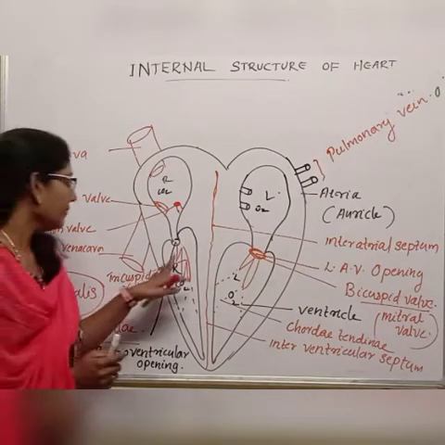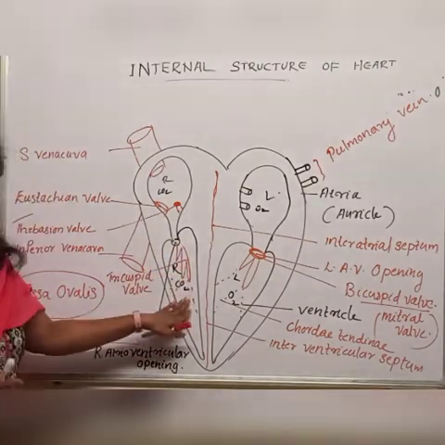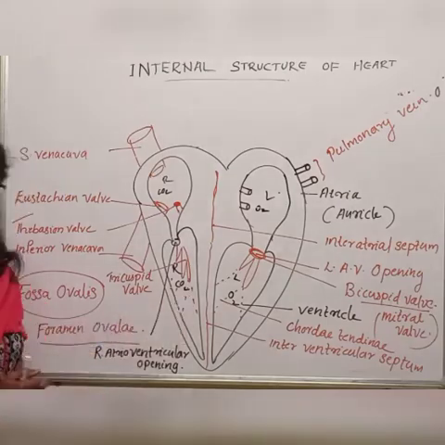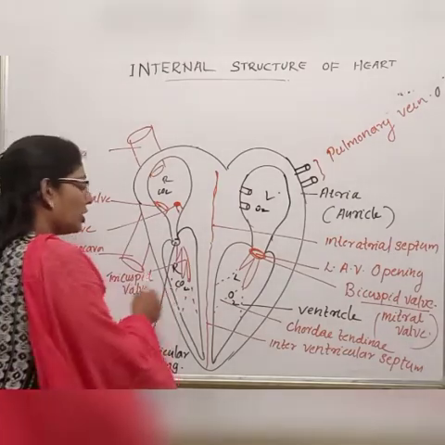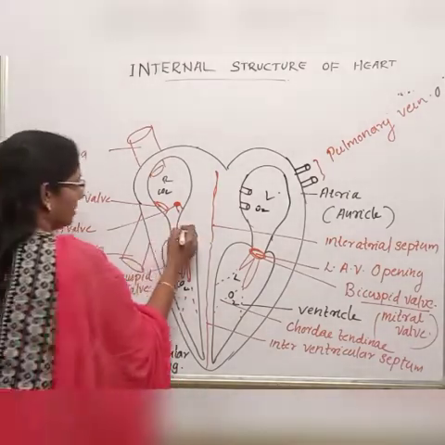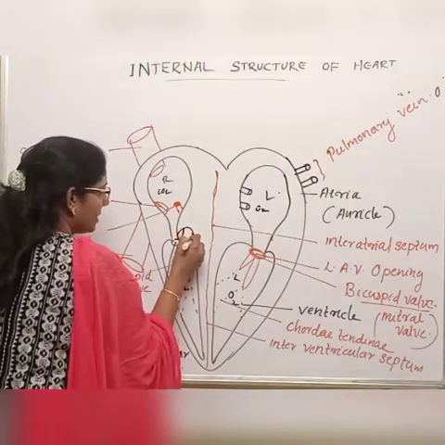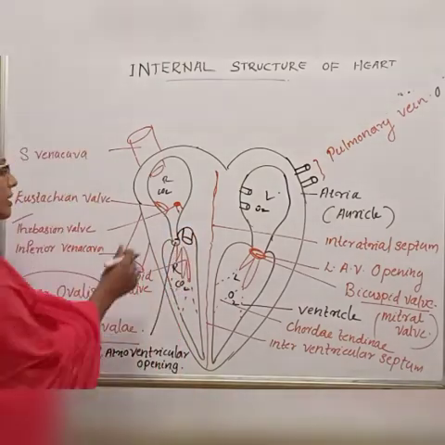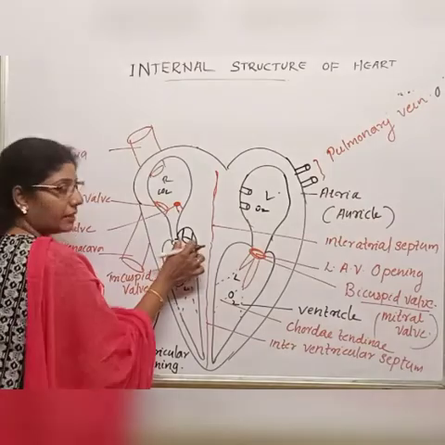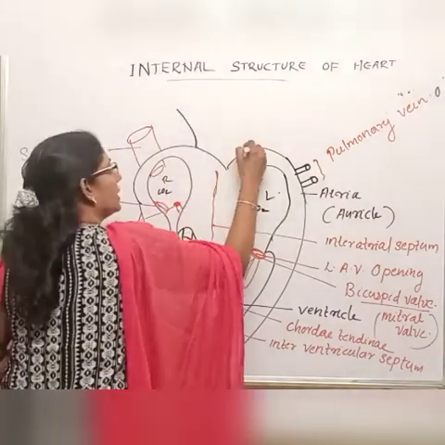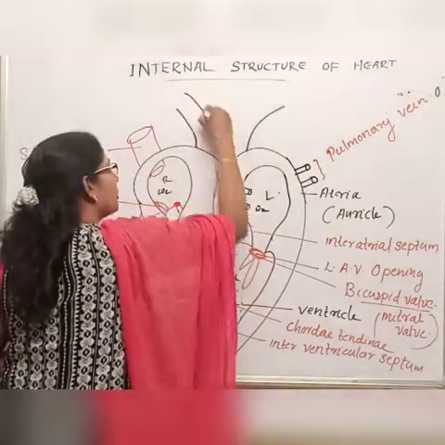Now see, we already studied that in the right side ventricle, impure blood is there. This impure blood is carried by another blood vessel called the pulmonary trunk. It starts from here and carries this blood to the lungs for purification.